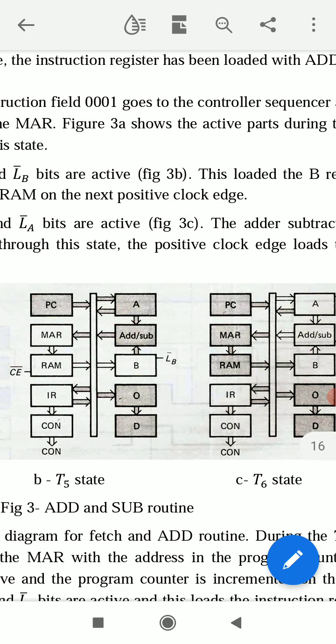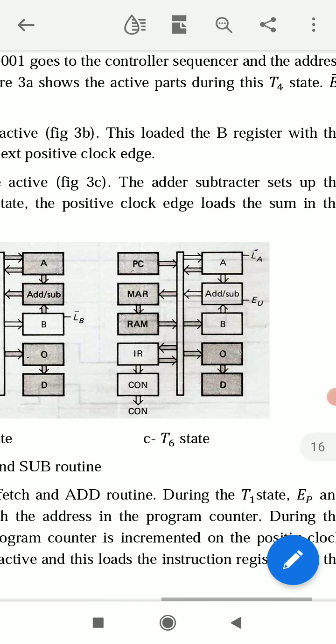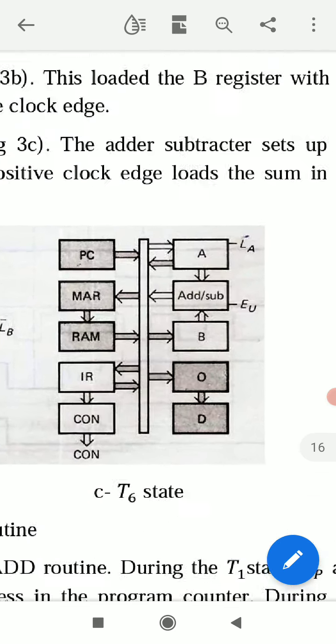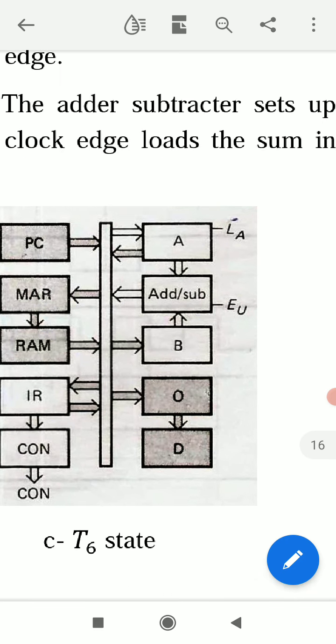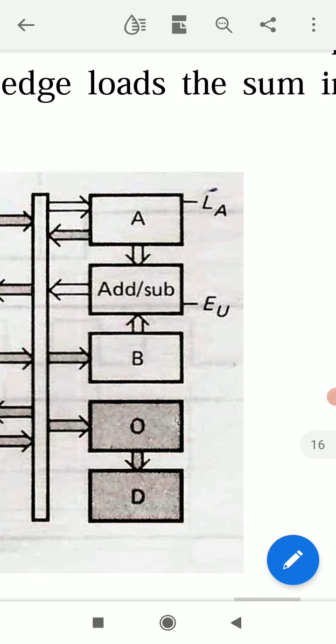Now we have to add the two words which are stored in accumulator A and B register. These two words are added by using this adder subtractor.